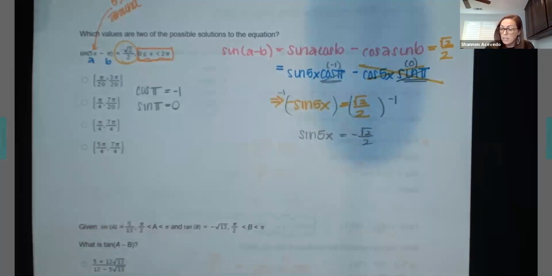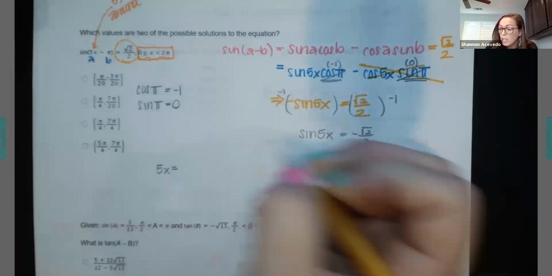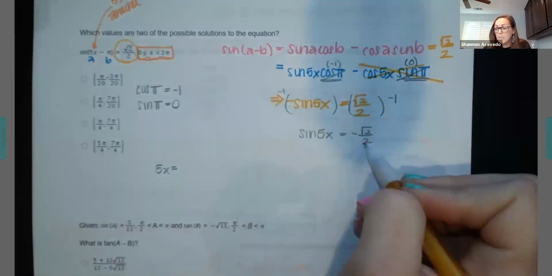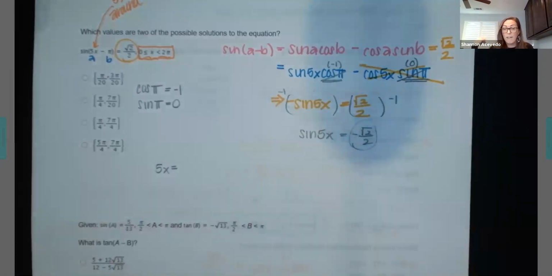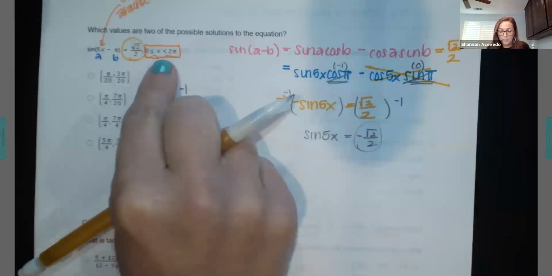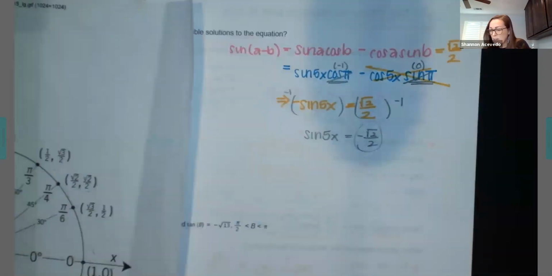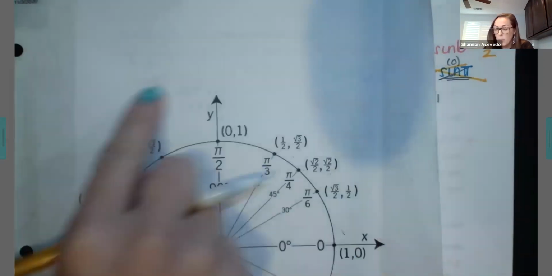Remember then, we take this 5x is equal to, and I looked on my unit circle for sine to be negative square root of 2 over 2. And I could do this for up to 5 times around. And I notice here, it is in radians. So I'm looking for the radian value. All right, so how does this look? I go, my y values, I'm looking for negative square root of 2 over 2.